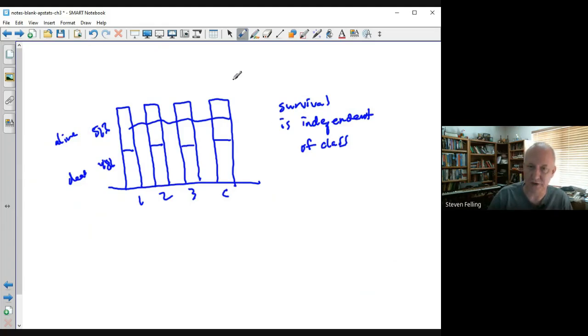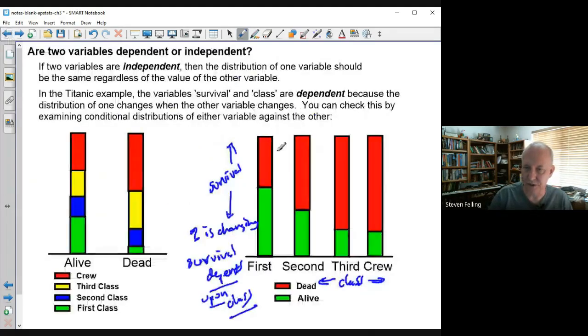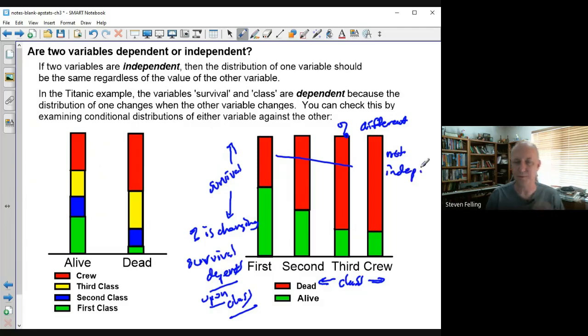So if they're staying the same, we say the two variables are independent. If the percentages are different, then we say they are not independent, or one depends on the other, okay? And it doesn't matter which one we decide to plot in what direction.